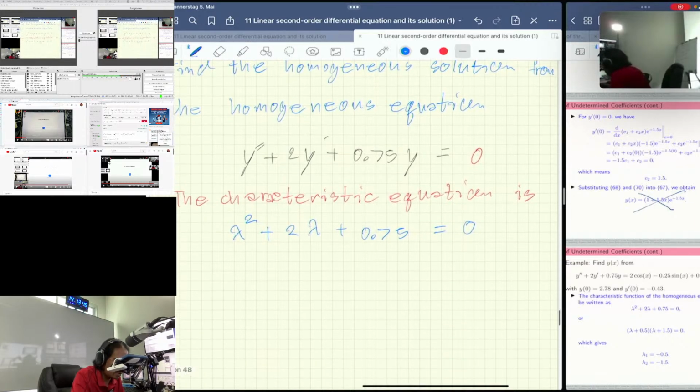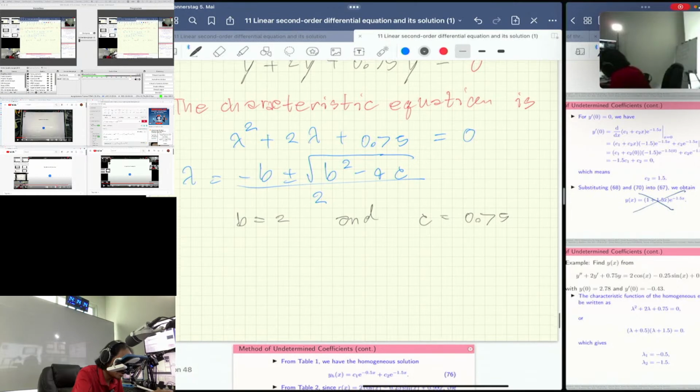And of course, lambda will be minus b plus or minus square root of b squared minus 4c, divided by 2. You can see that b is 2 and c is 0.75.